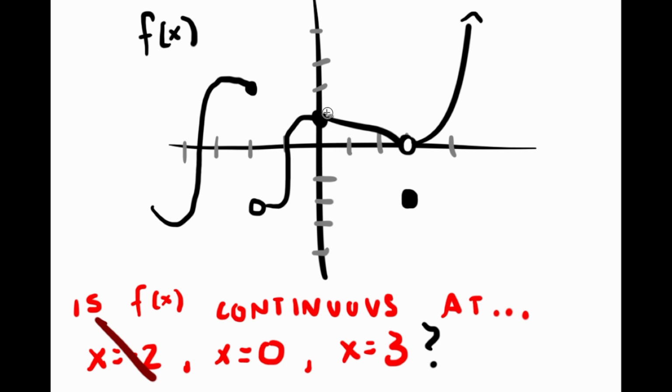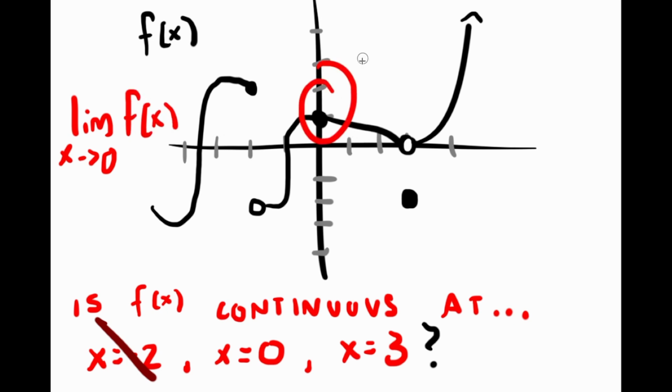And for x equals 0, we'll say the limit as x approaches 0 of f of x is going to be a value right here. There are no multiple points at this point, and it is the same from both the left side and the right side.